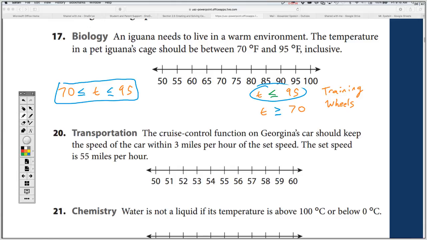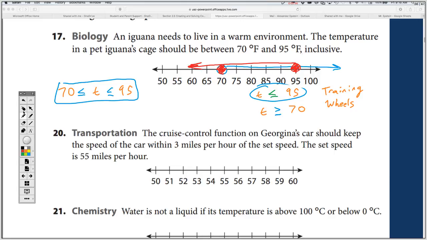I had it at 70, and it goes over here. I have it at 95, and it goes like this. So only where it overlaps, and we had it to where they were both equal, so I got to shade this in. Only where it overlaps is where I want an answer.